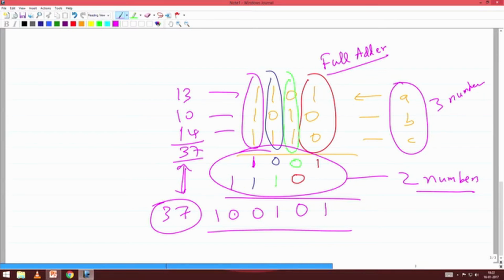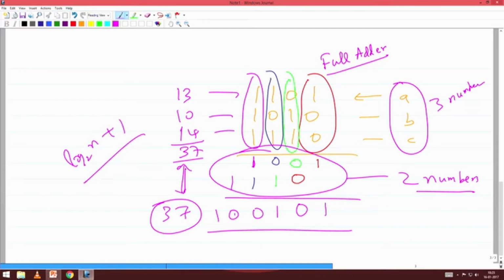And those 2 numbers I can use the carry lookahead adder and add it. So assuming that the carry lookahead adder will take log n time, adding 3 numbers can also be achieved in log n plus 1 time. That 1 is the full adder delay.